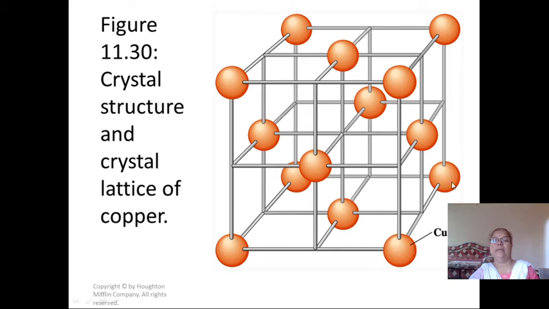This is an FCC crystal, that means a face centered cubic lattice. The position of the points in the crystal lattice is shown by the lattice points, or lattice sites.